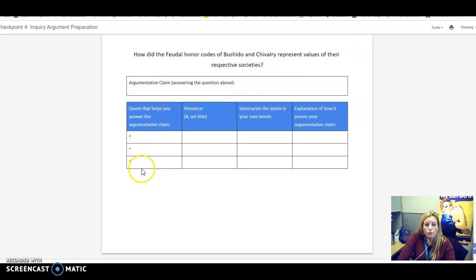You're going to have to put a quote down. There are 3 parts: a quote that supports your claim, and where you got it from, the resource number or title; a summary of it in your own words; and then an explanation of how it proves your argumentative claim.